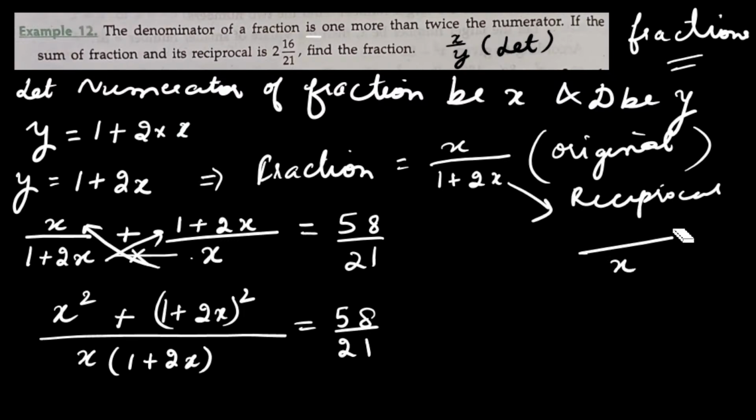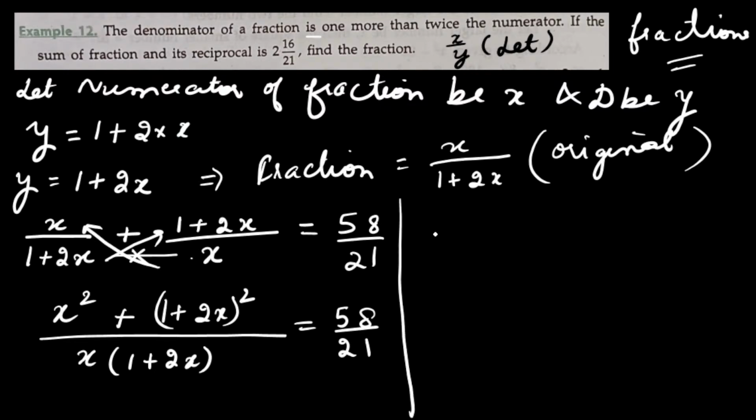Now let's simplify it further. First of all, x square as it is, plus here again I have to find the a plus b whole square. Wherever you see this kind of expression, you have to apply the identity. a plus b whole square is a square plus b square plus 2ab.